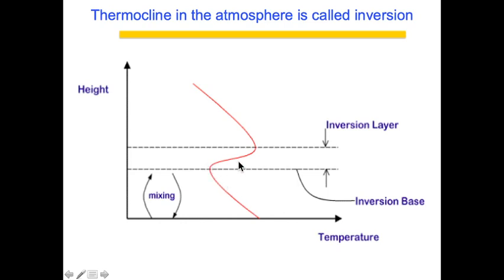Whereas you reach a stage where the column stability changes, where you have colder air here and warmer air on the top, which is known as the inversion layer, and that is the surrogate of a thermocline in the atmosphere. But this is just an analogy that I'm drawing, and in the next slides, I'm only going to talk about the ocean thermocline.